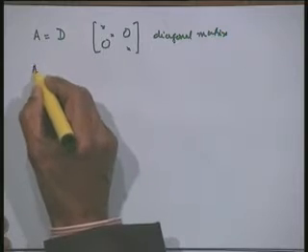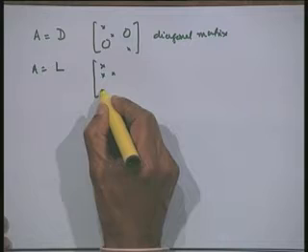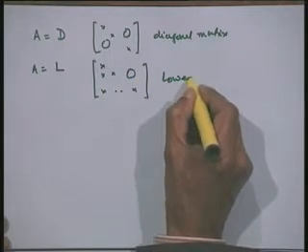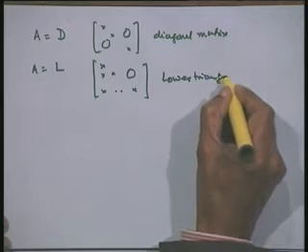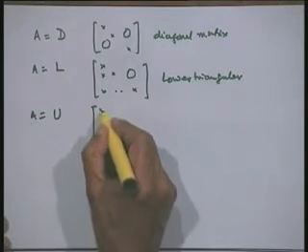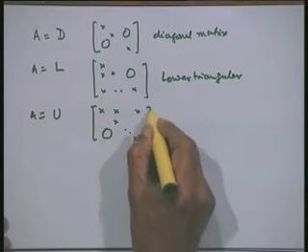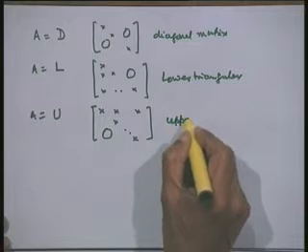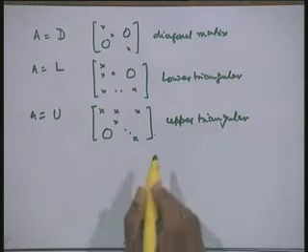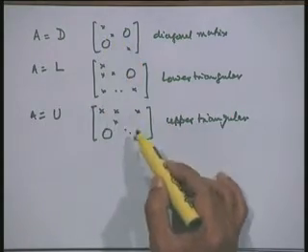Or if A is a lower triangular matrix, or if A is an upper triangular matrix, in these three cases the eigenvalues are trivial, because all the eigenvalues are placed on the diagonal of this matrix.